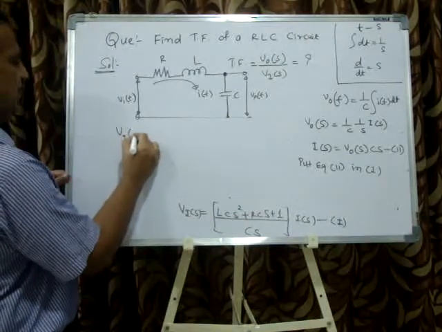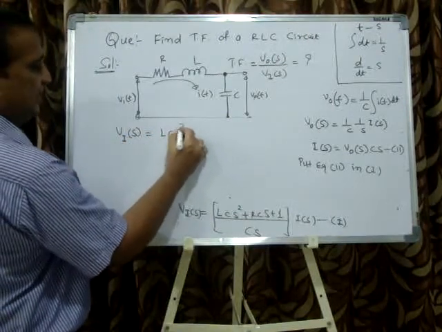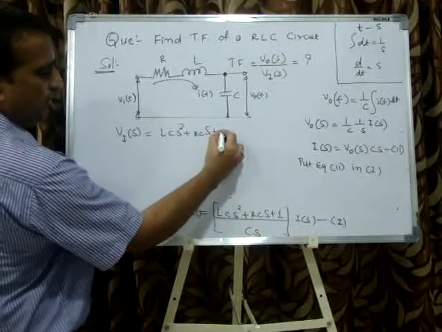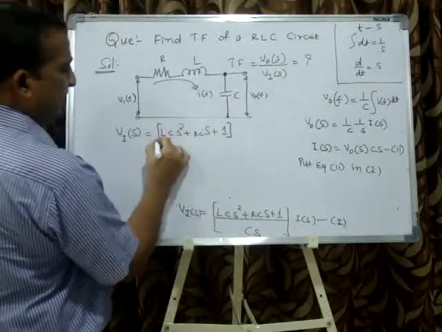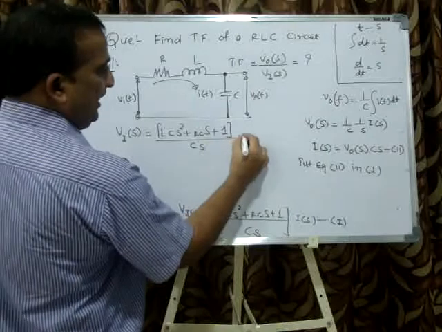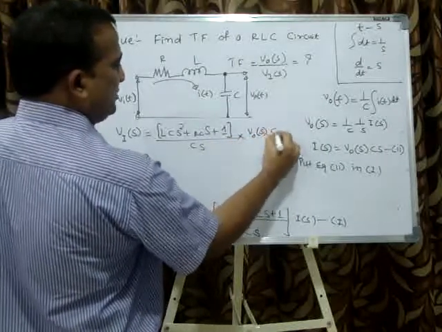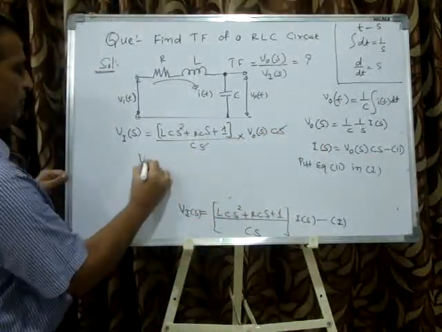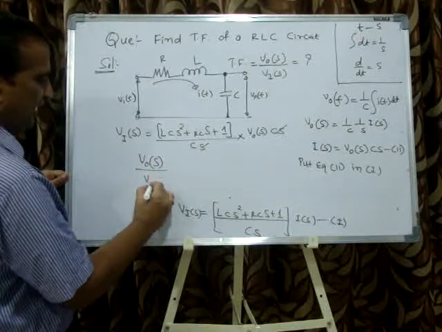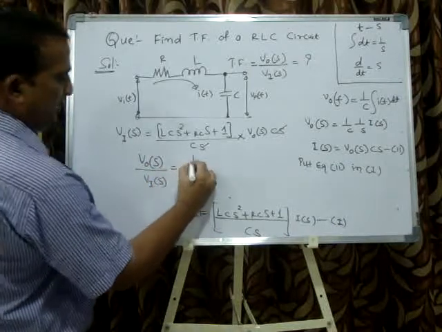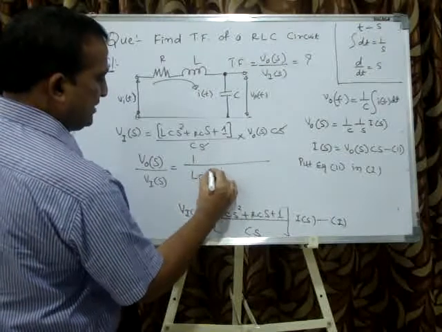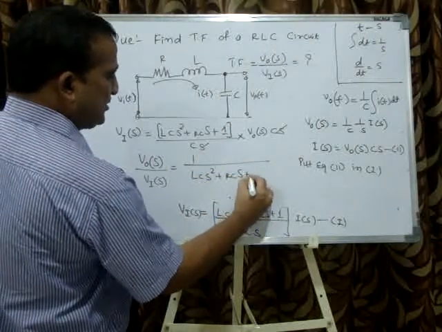We get the answer. So equation number 1 is Vi of s equals (LC s square plus RC s plus 1) divided by Cs into I of s, which becomes V naught of s into Cs. Cs gets cancelled. V naught of s, Laplace of output divided by Laplace of input, is equal to 1 by (LC s square plus RC s plus 1).